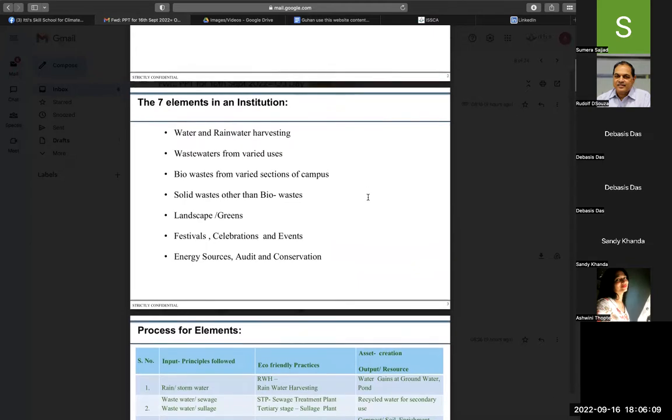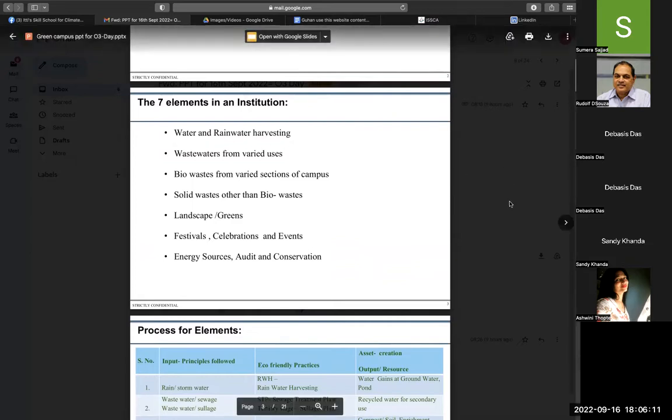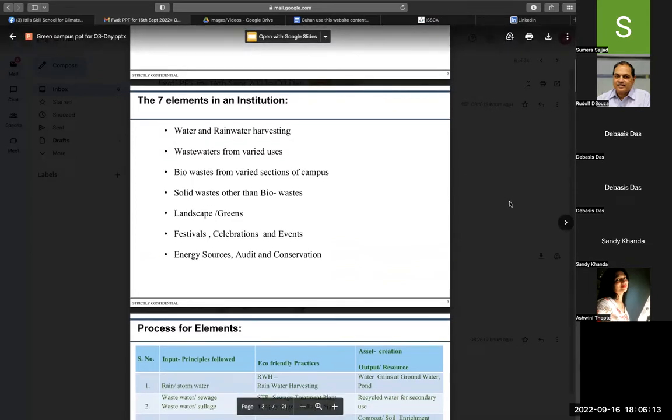Now in any place, suppose you are in a home, or in a school, or in a college, or in a senior level in an institution or in a university, we always have these seven elements.